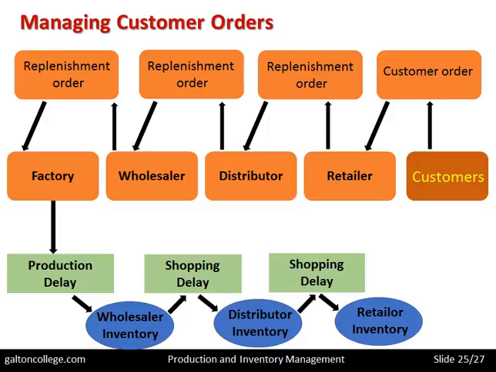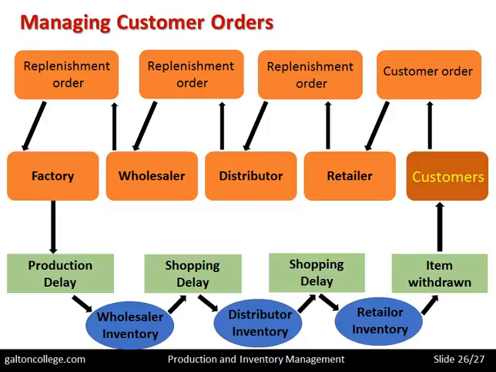The distributor will run down the inventory that the distributor is holding, and eventually place an order with the wholesaler, who will run down the stock that the wholesaler is holding, and eventually place an order with the factory, and the factory will have to tool up to make the item. So there are various delays in the system. This is not an instantaneous process.